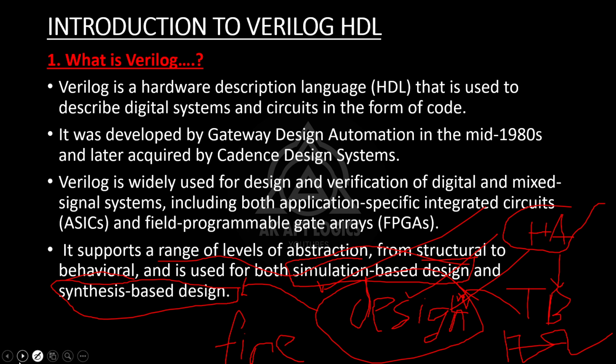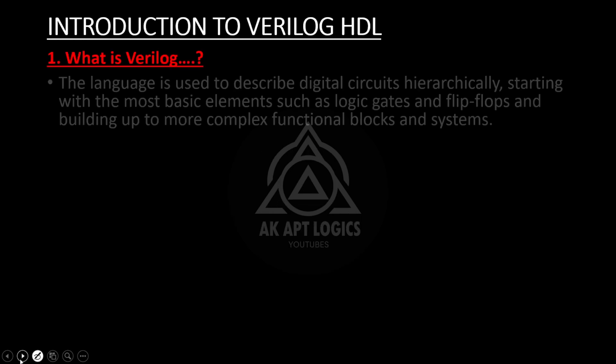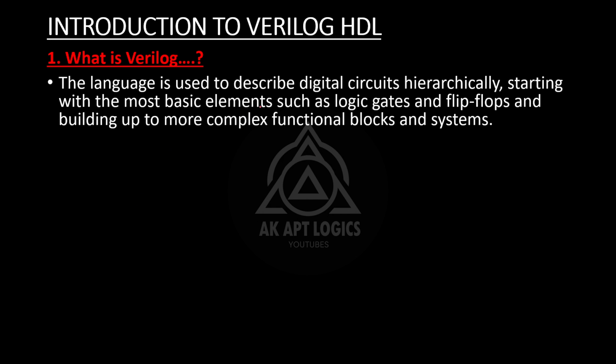Next, the language is used to describe digital circuits, as I previously told, hierarchically, starting from the most basic elements such as logic gates and flip-flops and building up to more complex functional blocks, systems and subsystems. For example, if you take a half adder, we are going to divide this half adder into subsystems.